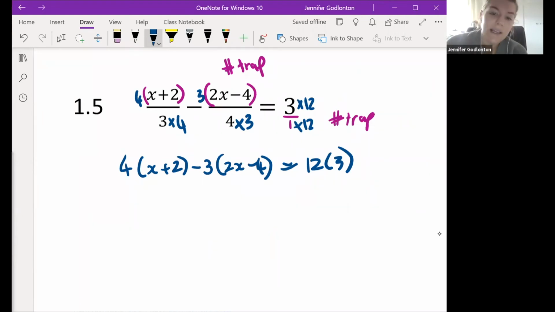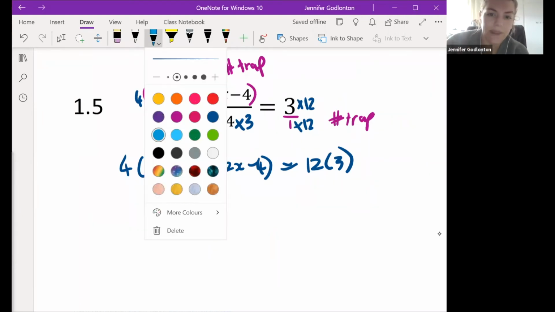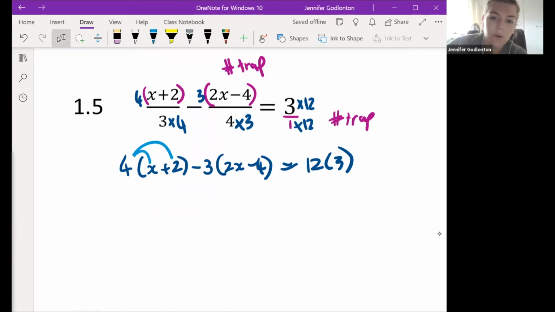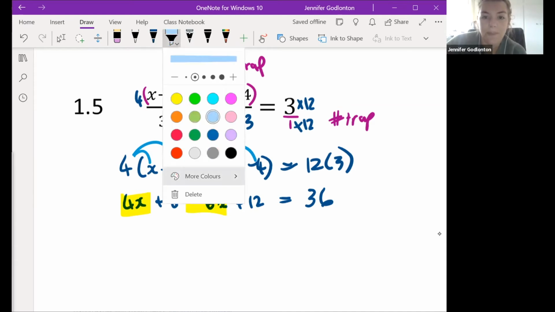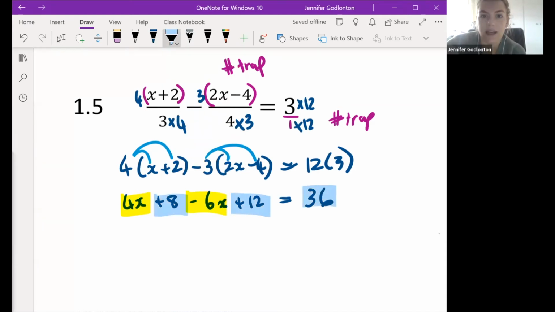Okay, now when we get to this point, we're going to do distribution. The reason these brackets are so important is if we don't have them, we're going to have some issues. So 4x plus 8 minus 6x plus 12 is equal to 36. Then we're going to get our x's on one side and our numbers on the other side.